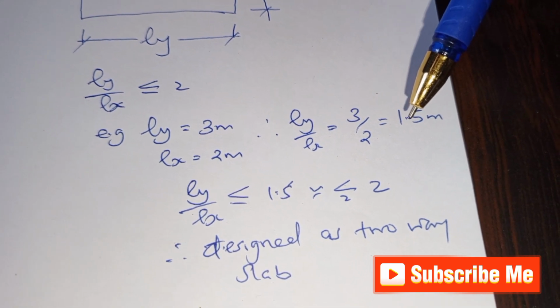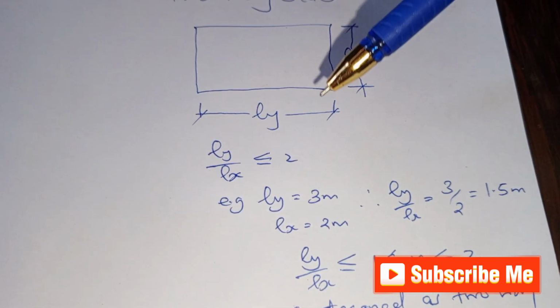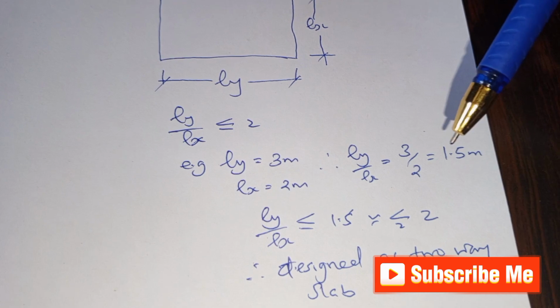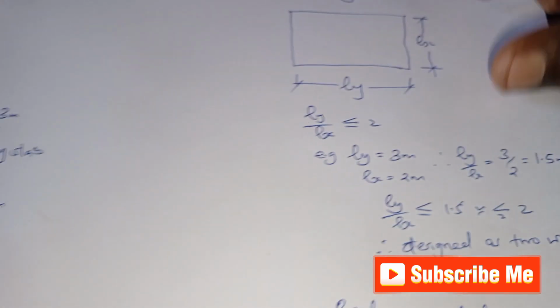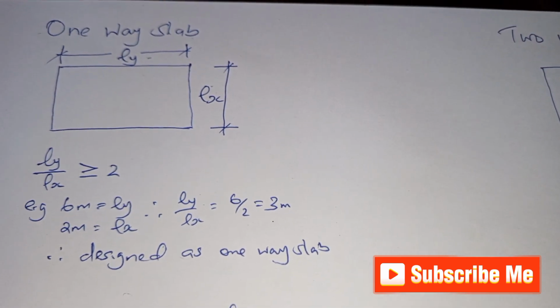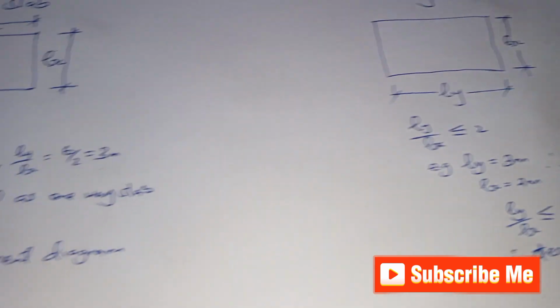This value of 1.5 is less than 2. Therefore, that slab shall be considered as a two-way spanning slab because the value is less than 2. So that is the rule. That is how you determine whether the slab is a one-way spanning slab or a two-way spanning slab.